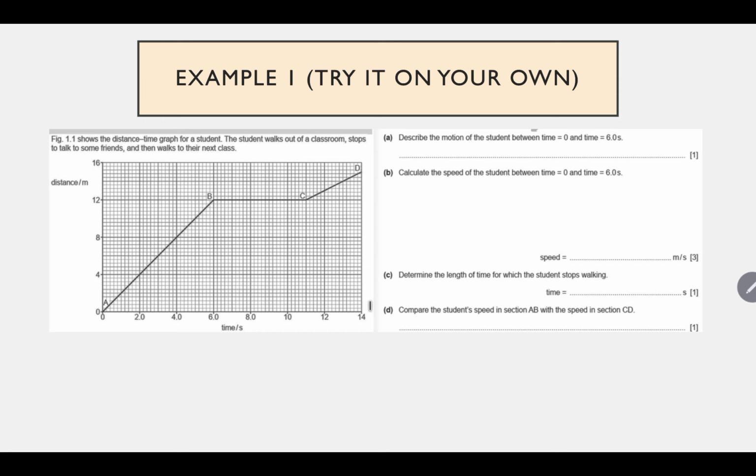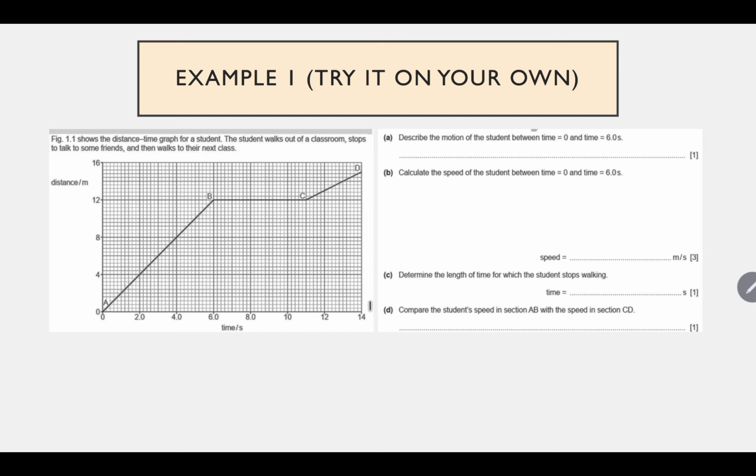Part B, calculate the speed of the student between time 0 and time 6. From 0 to 6, we said speed is distance over time. Here you need to find the gradient. And gradient means if I have starting and ending point, I will calculate it by subtracting the ending by the starting point.